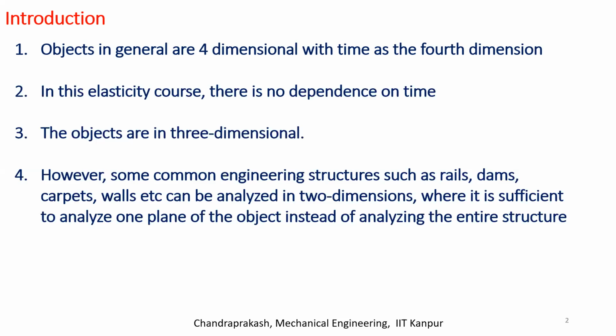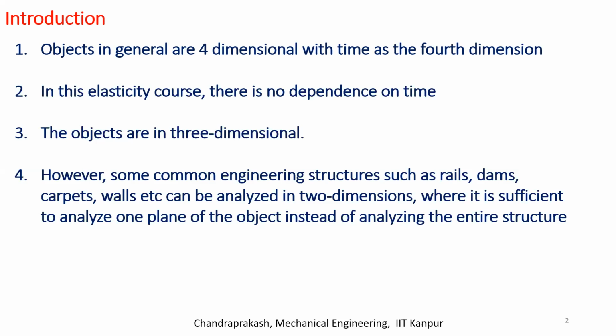If you look at the railway rail, the rail on which the train moves, that rail is very long. If I cut any cross section of the rail, it will be the same shape, same material, and the loading is also more or less the same. Except, you know that a rail is connected to the sleepers by a bunch of spring-like rivets.